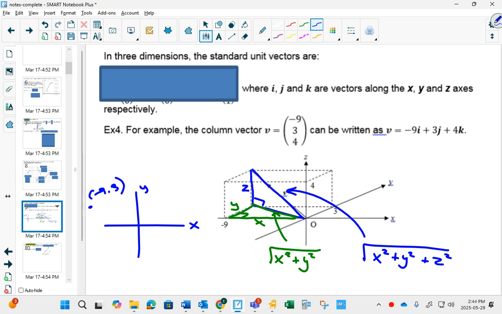That's so cool that your a squared plus b squared formula just becomes a squared plus b squared plus c squared. And if you went to 4 dimensions, you'd have a squared plus b squared plus c squared plus d squared in a square root. And you could just keep going. Drawing in 4 dimensions, though, that hurts the brain quite a bit. We won't do that.